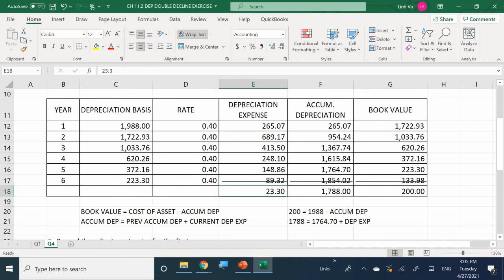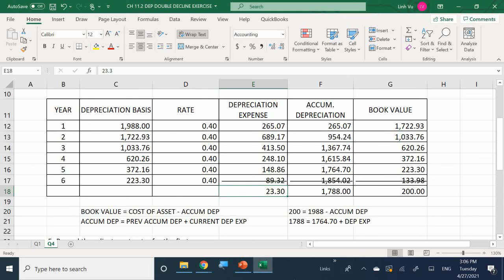$23.30. Now again, I'm not going to expect you to know that. This is one of those in-your-face answers, but sometimes we don't see it right away. In this case, all I need to do is depreciate it for $23.30 to get to my end goal of 200.